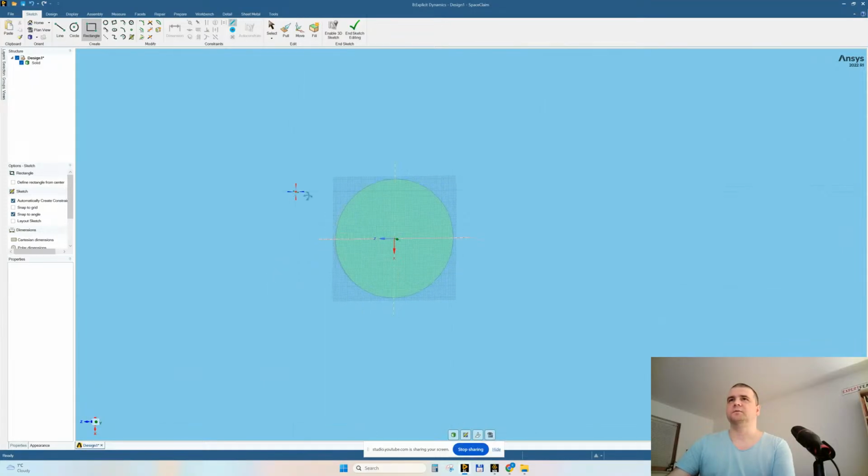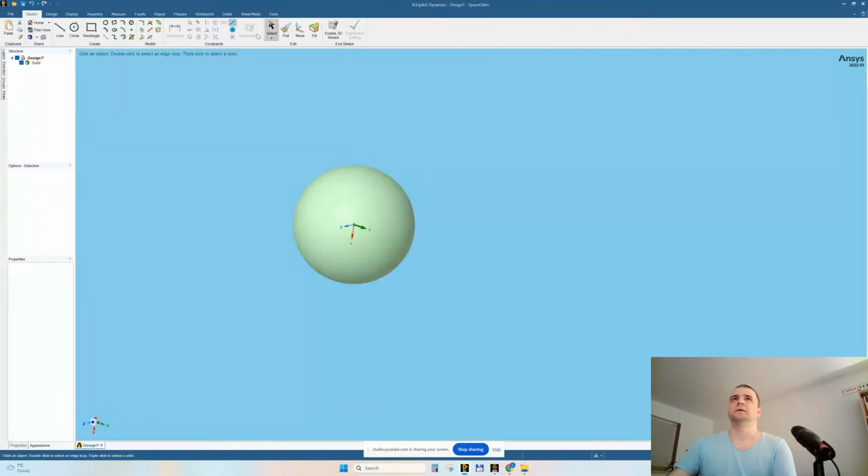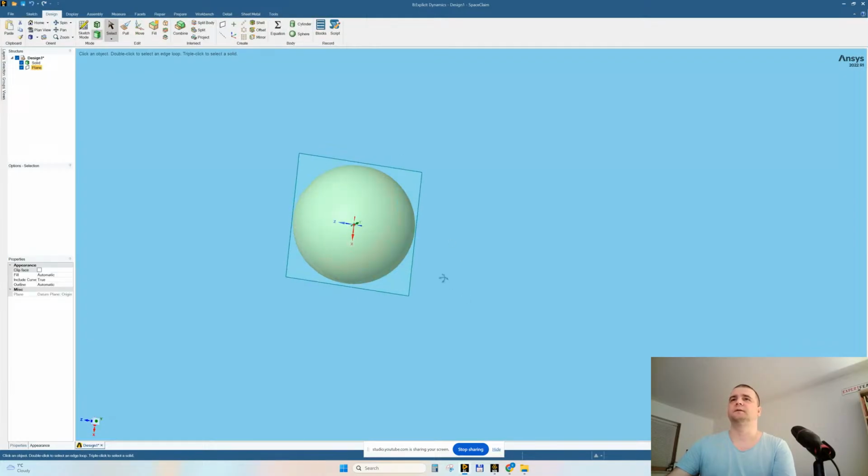Because I don't want to have the sketch coming out from the sphere center, I prefer to make a separate plane. Let's see if I can. All right.